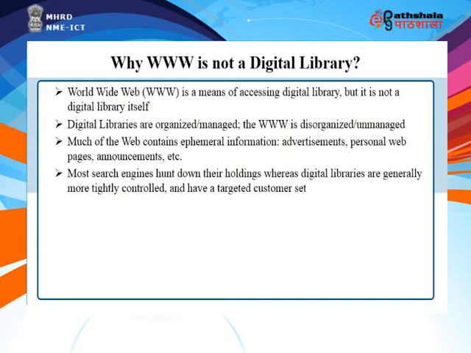Much of the web contains ephemeral information, advertisements, personal web pages, announcements, etc. Most search engines hunt down their holdings from different websites across the globe, whereas digital libraries are generally more tightly controlled and have a targeted customer set.